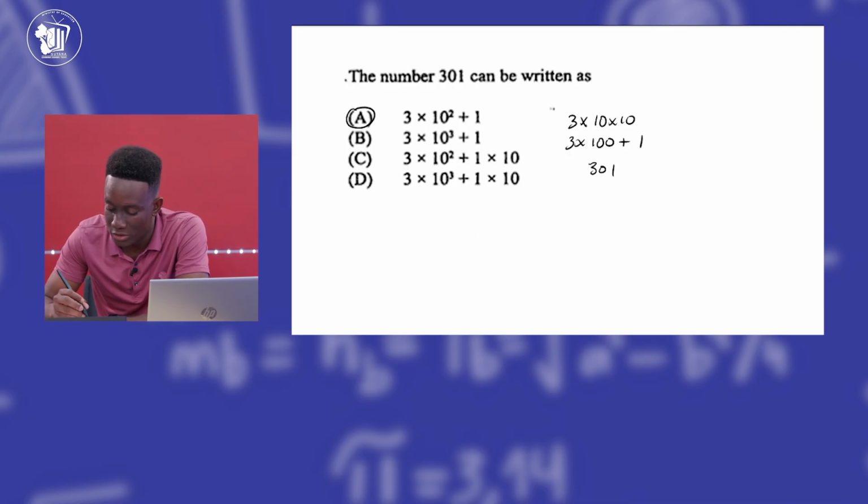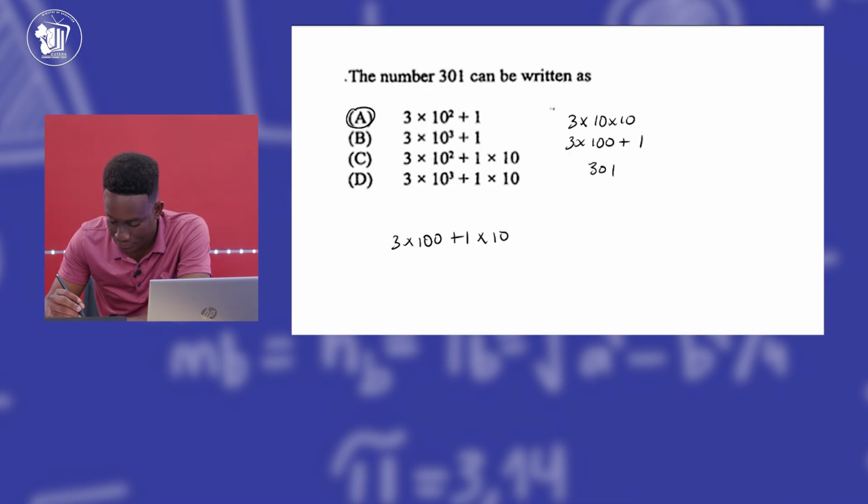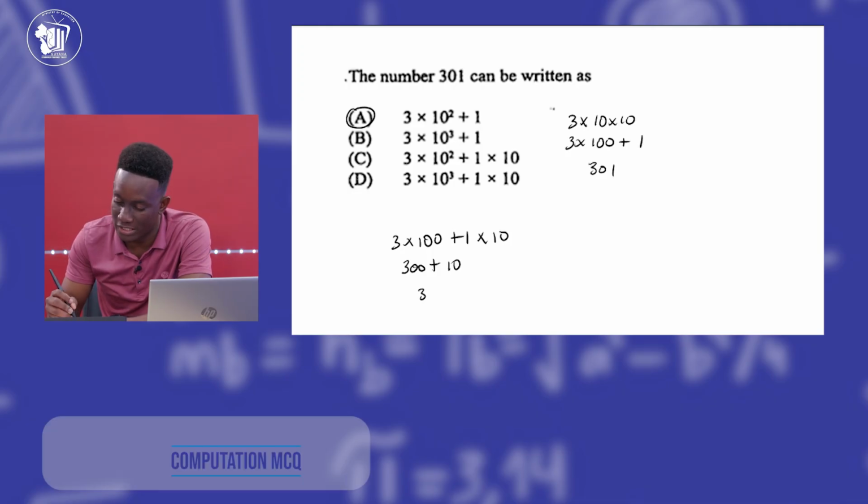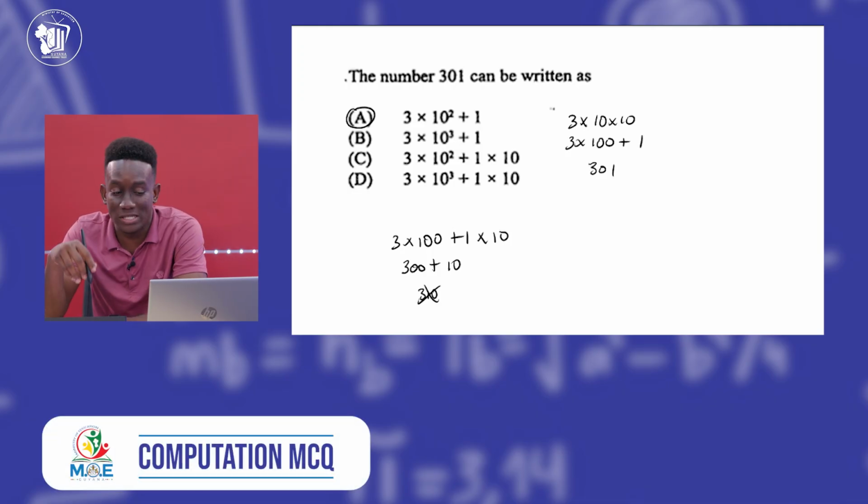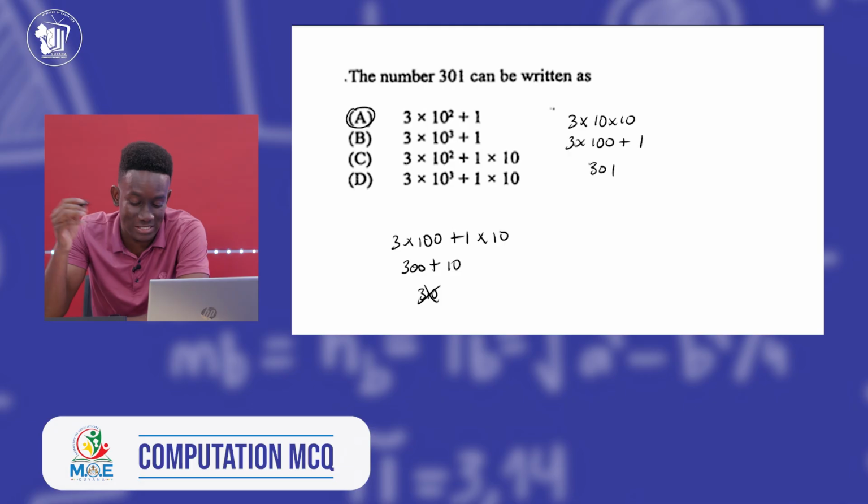So let's look at the other one: 3 times 10 to the second power would be the same as 3 times 100 plus 1 times 10. BODMAS, we multiply. 3 times 100 would be 300, plus 1 times 10 would be 10. So 300 plus 10 would be 310, and that cannot work. So the answer, as you can see, is simply A, as easy as that.